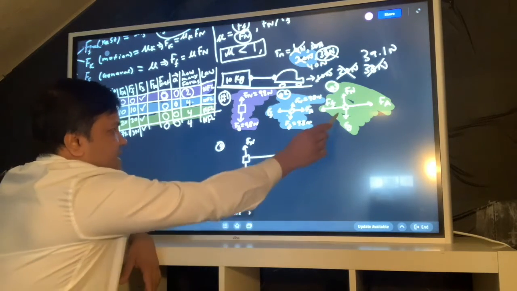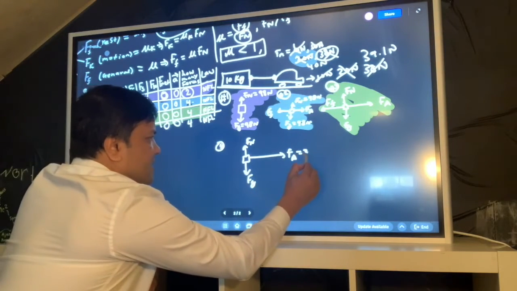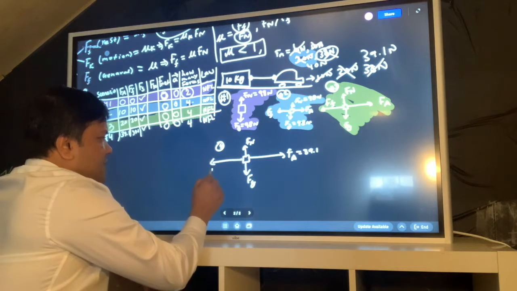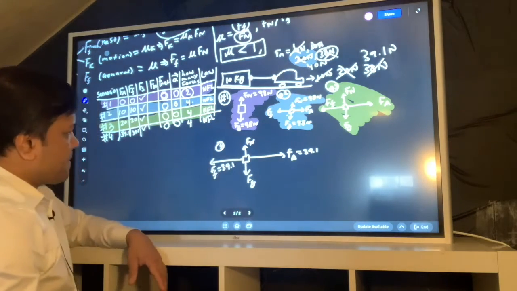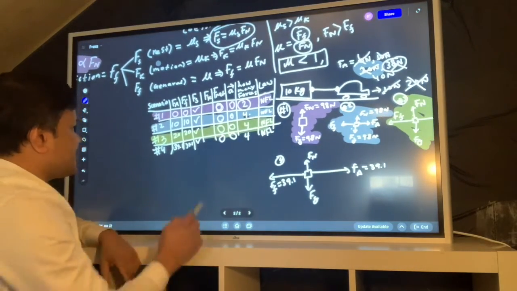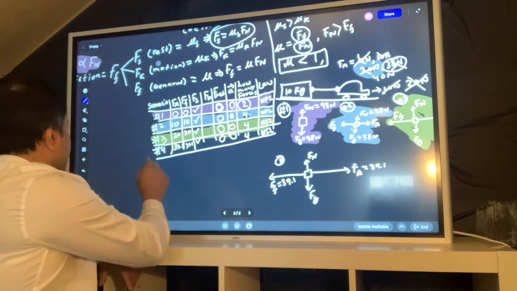See, this is bigger than this one because the magnitude is 39.1, and this magnitude is also 39.1. Now that takes us to the last scenario, scenario number 5. But before we do that, I want to highlight that.